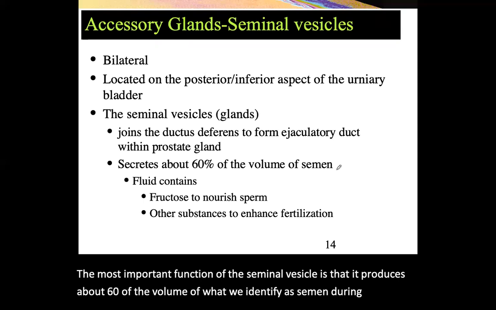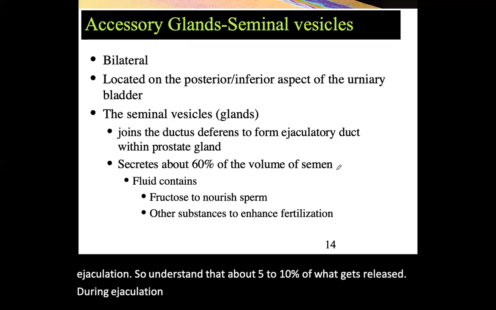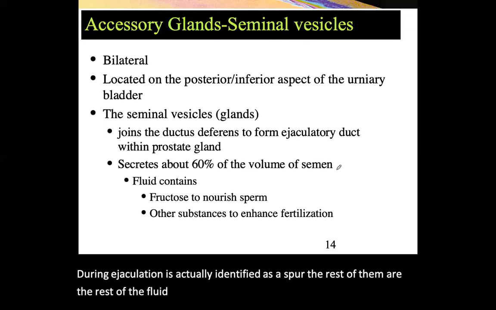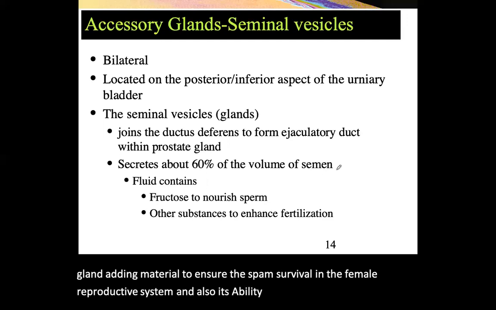Understand that only about 5 to 10% of what gets released during ejaculation is actually sperm. The rest of the fluid comes from the seminal vesicle and prostate gland, adding material to ensure sperm survival in the female reproductive system, and its ability to effectively swim and fertilize an egg.